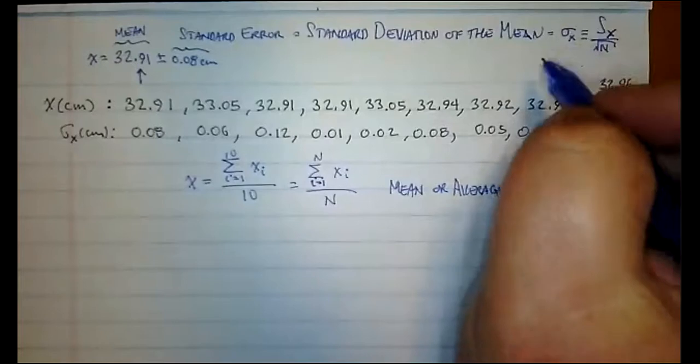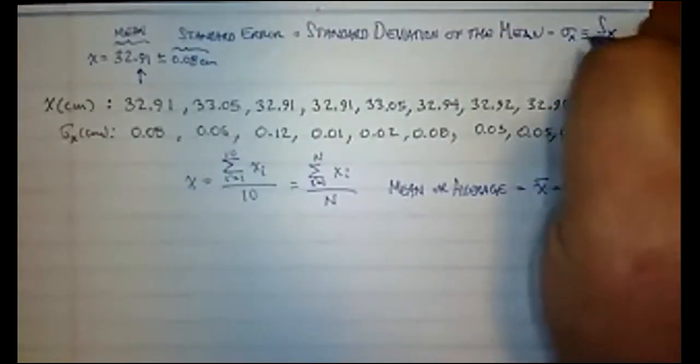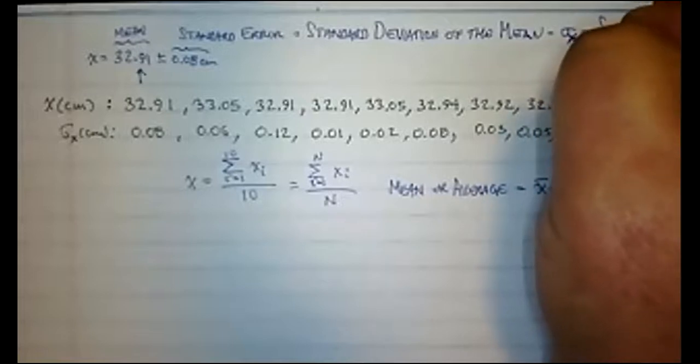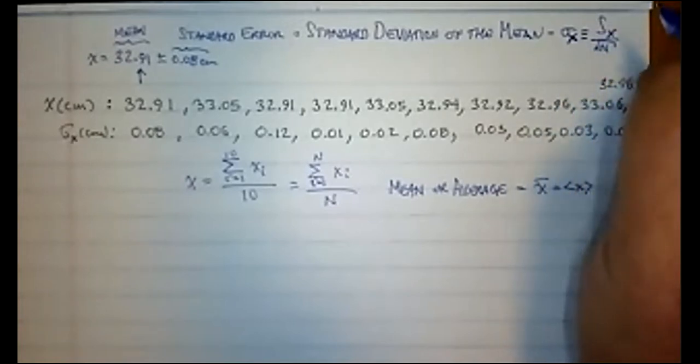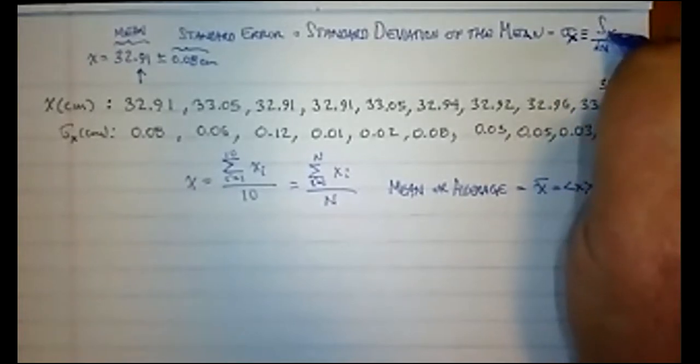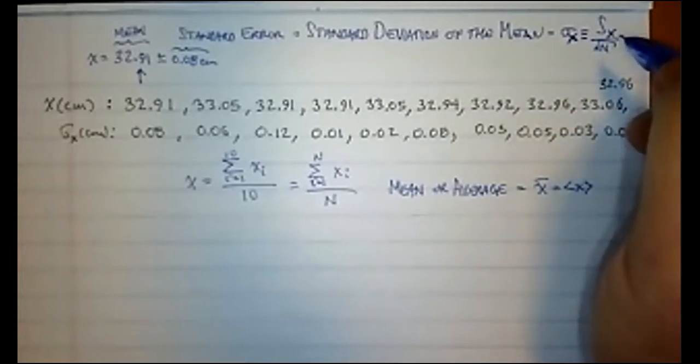Oh, that's sigma. That's a Greek letter sigma with a subscript x. And then that is defined as, so you use three bars instead of two, like in equals, s with a subscript x, and that's divided by the square root of n, where n is the number of trials.